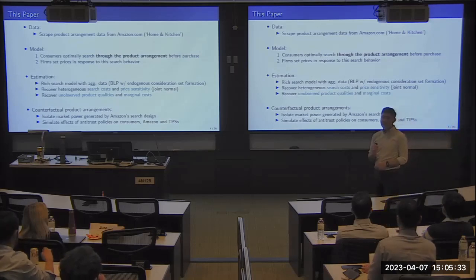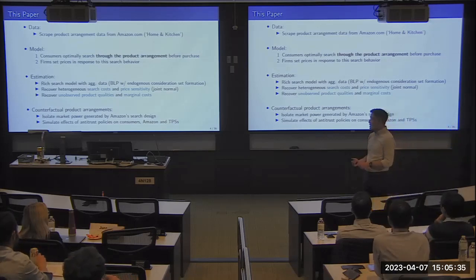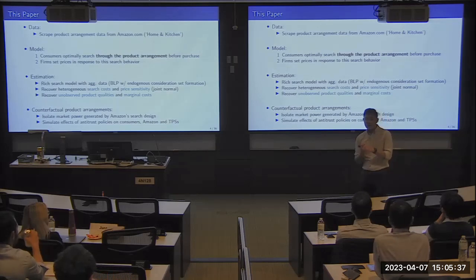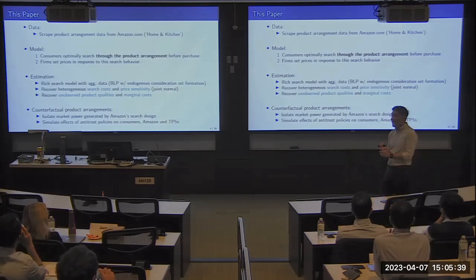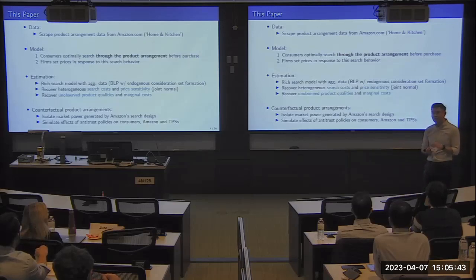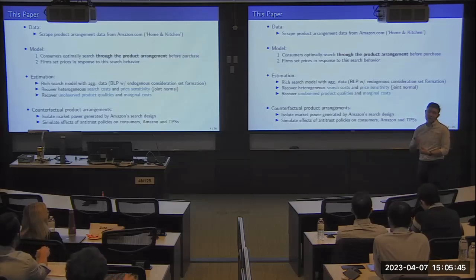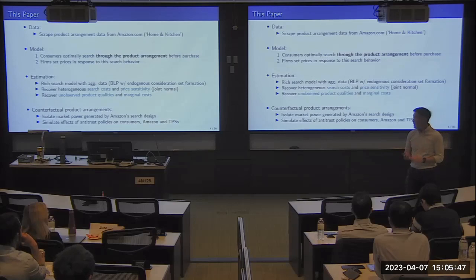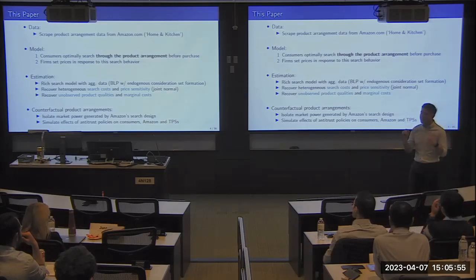What are the primitives that we want to recover? On the consumer side, it's going to be heterogeneous search costs and price sensitivity. And then on the supply side, we want to recover the standard BLP unobserved product quality, and also marginal costs. The reason why we want this model is we want to understand those two questions that I showed you.